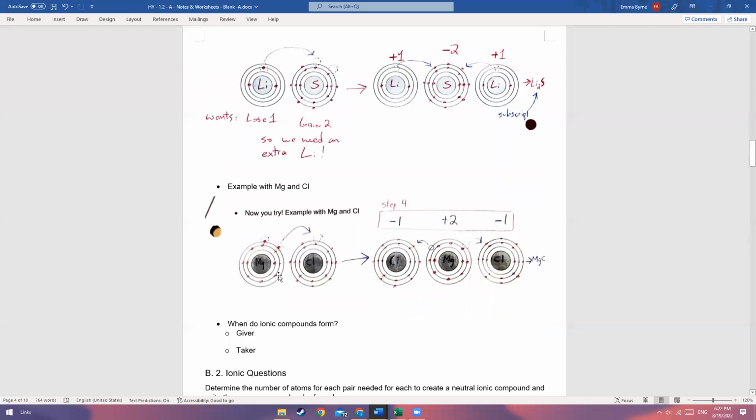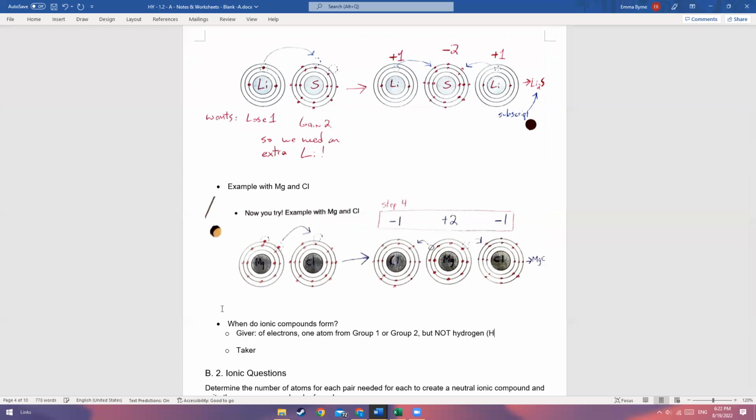And so to summarize here, I just want to do a kind of giver-taker scenario. So the giver, giving electrons, is 1 atom from group 1 or group 2, but not hydrogen.